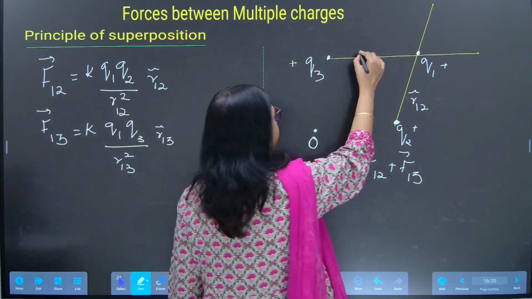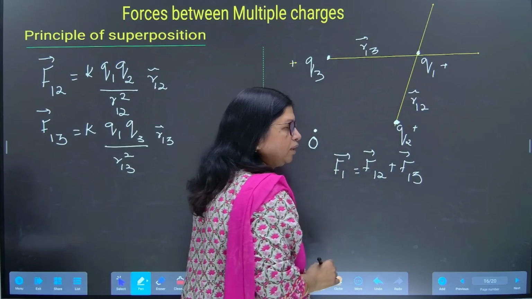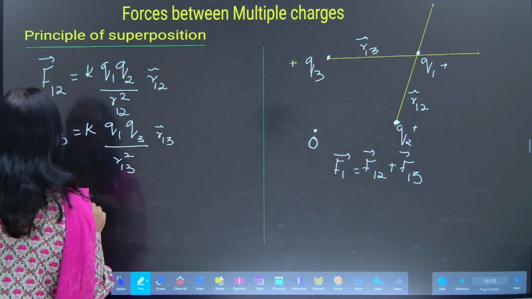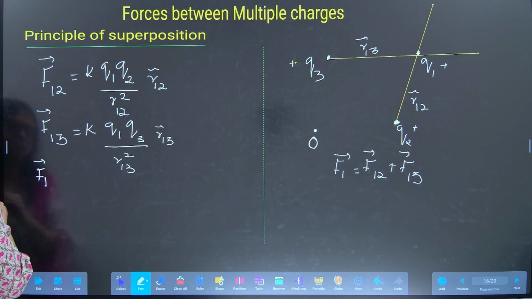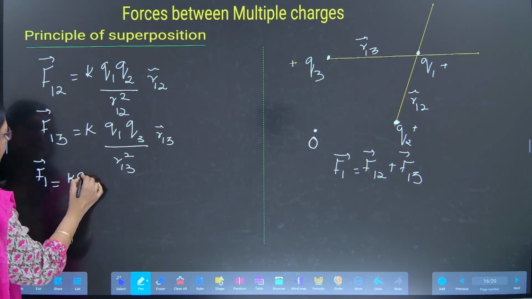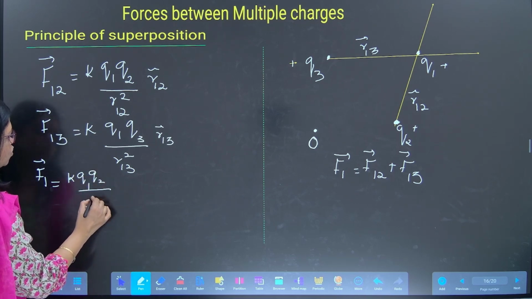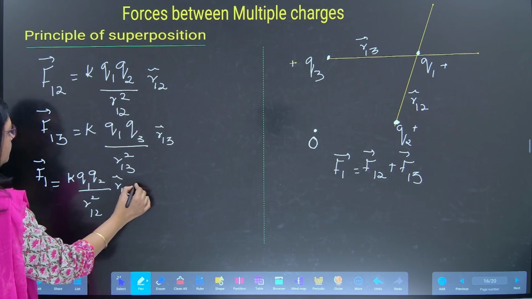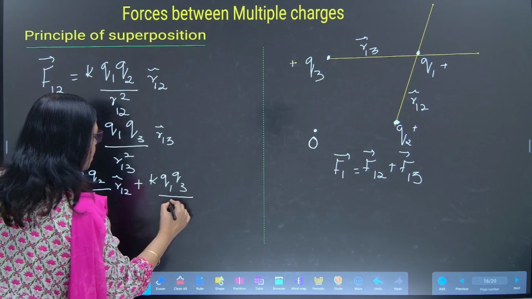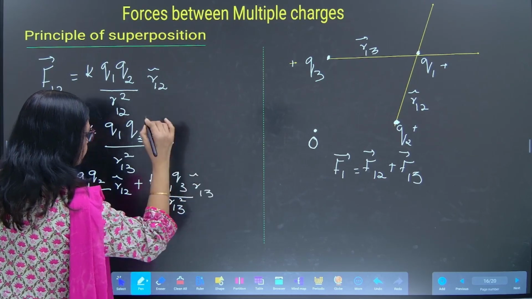So let us write the unit vector R13 cap, which is between Q1 and Q3. So according to the principle of superposition, now we have to add them for finding F1 vector, which is equal to K Q1 Q2 upon R12 square R12 cap plus K Q1 Q3 upon R13 square R13 cap.